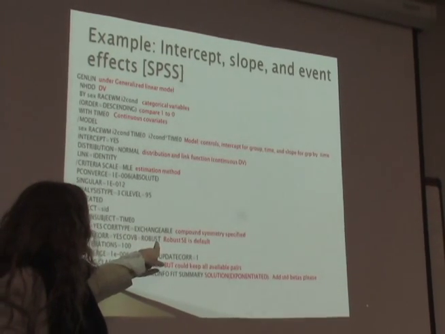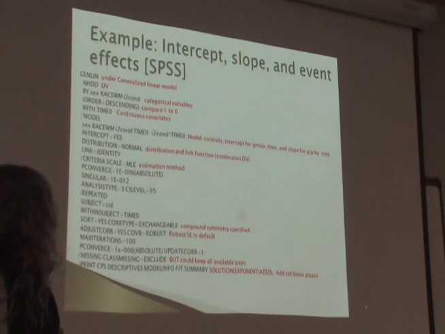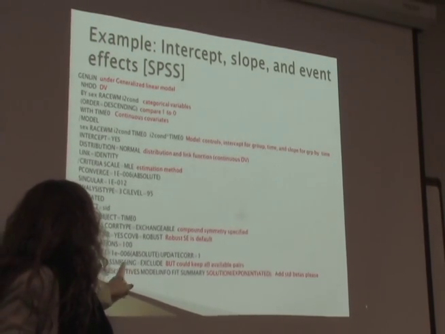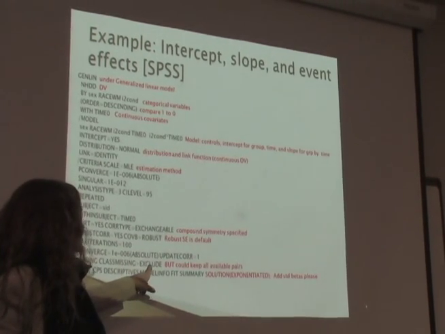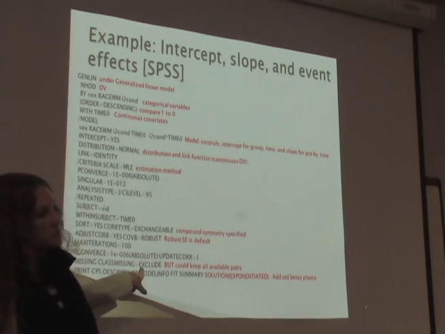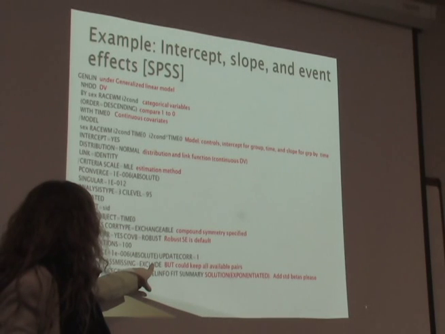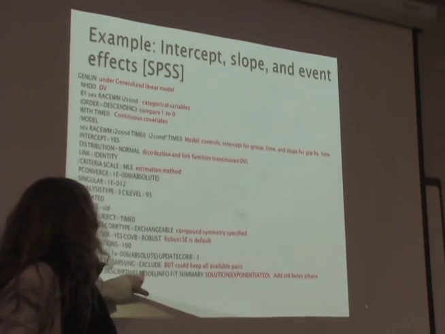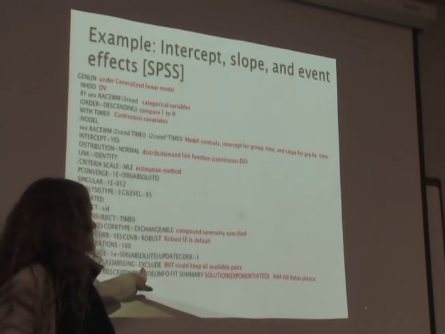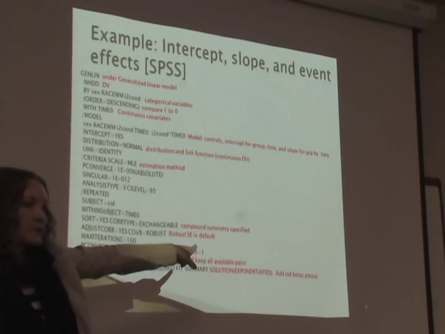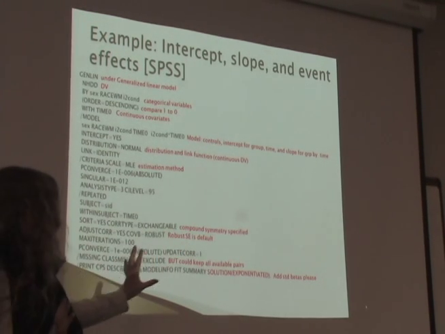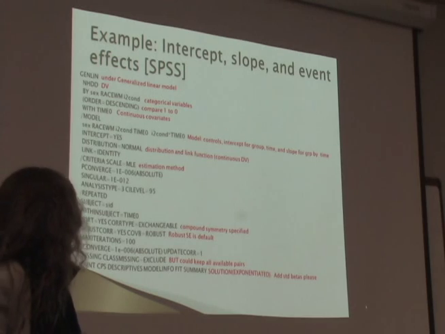This is just a default, the robust standard error. And then this is dealing with missing data, and it says exclude, but really it should say include. In this analysis, I think they were excluded, but this is the default, and you should change it to include, and that's going to keep all available pairs of data. So that's going to maximize the information used.